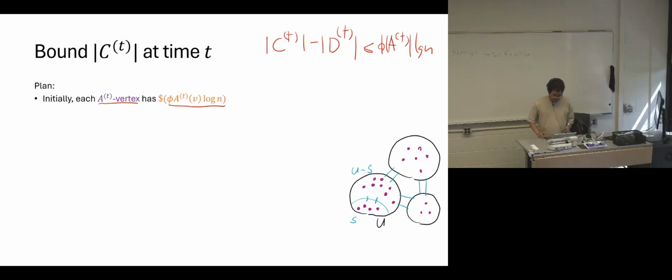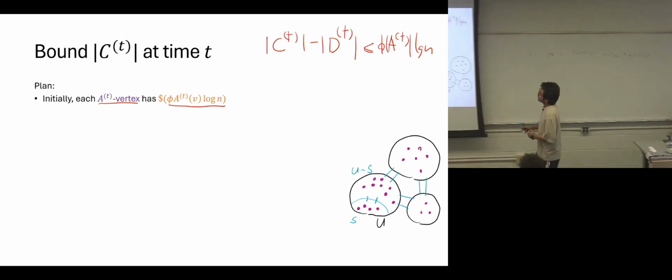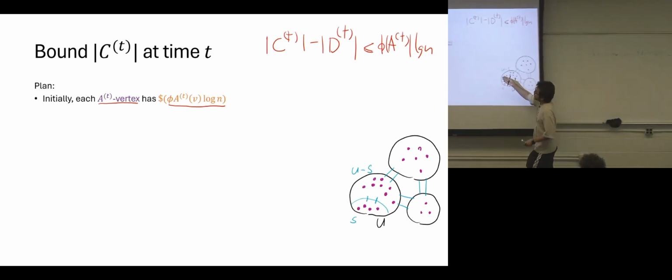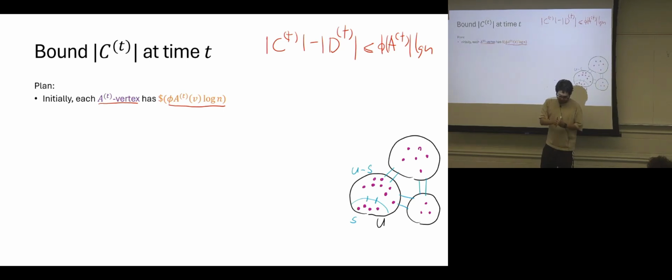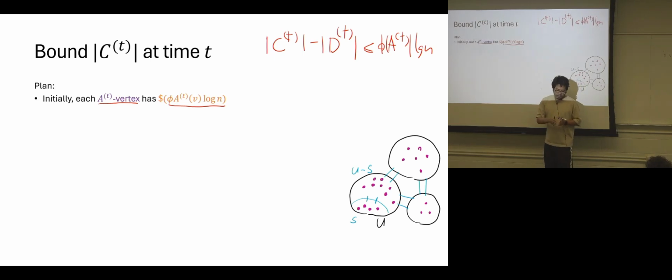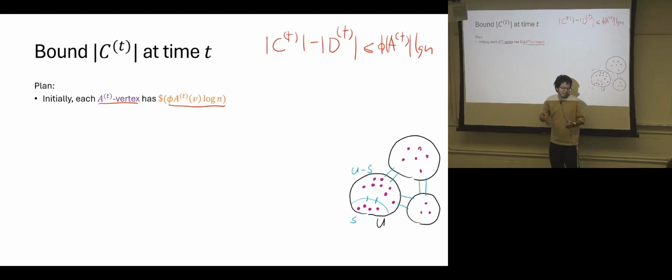We're just looking at some iteration of the while loop. Think of this t as the time step from the user perspective. Once the user gives the first update, it becomes A1. The second update, it becomes A2.